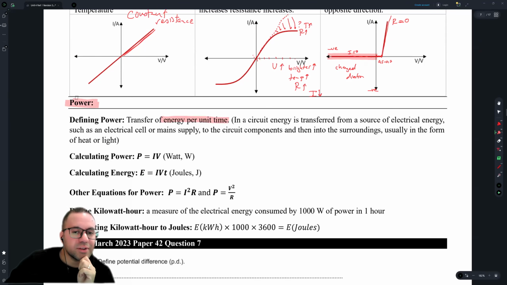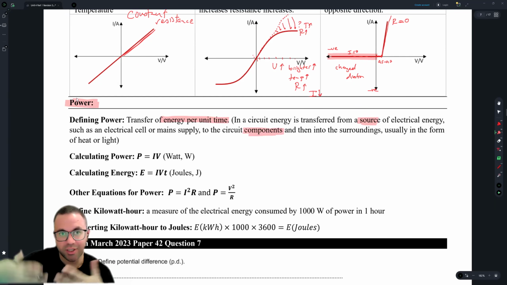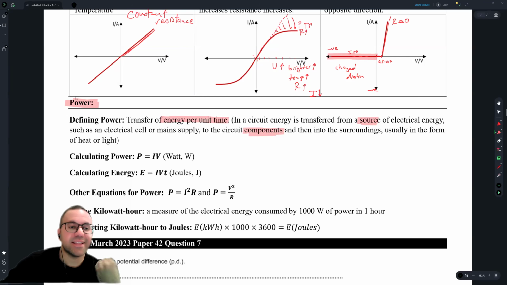But here's the thing though. In a circuit, a source transfers chemical energy into electrical energy, right? But then in a component, like a light bulb, for example, it takes the electrical energy and turns it into heat or light. A resistor, for example, just gives out heat. A light bulb primarily gives out light.